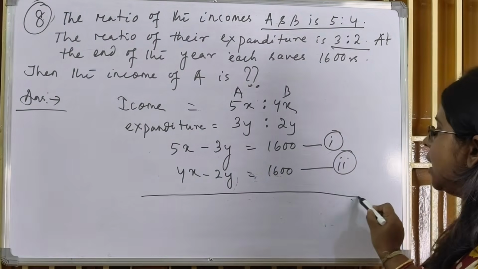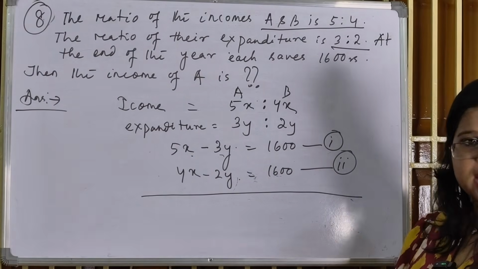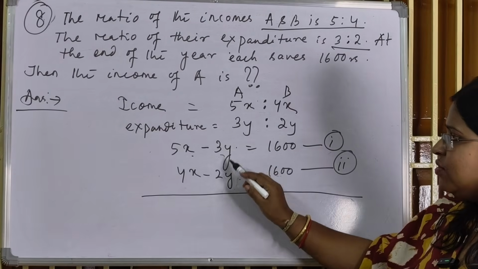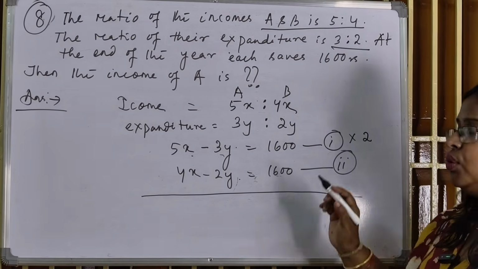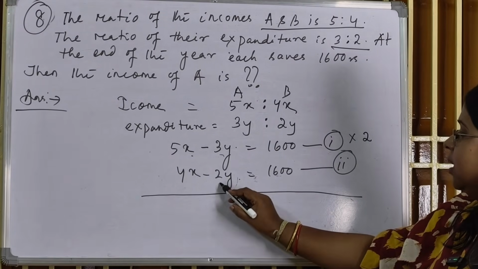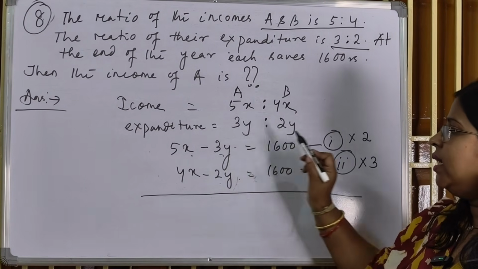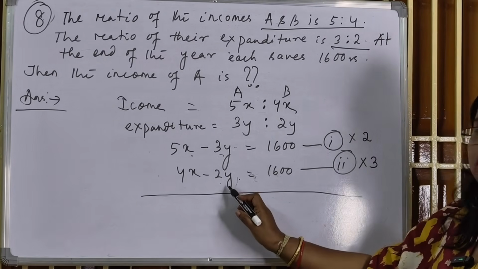Now we will solve these equations. See, 3y and 2y, two different variables are there. We have to make any one of the variables equal. So here this 3 and 2 is here. I will multiply equation 1 by 2 and equation 2 by 3. Why? Because 3y multiplied by 2 would be 6y and 2y multiplied by 3 would also be 6y.